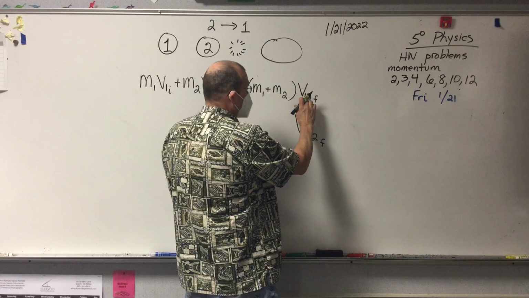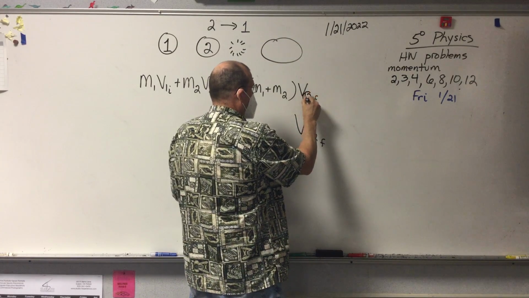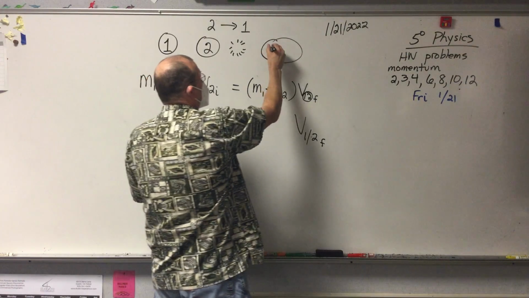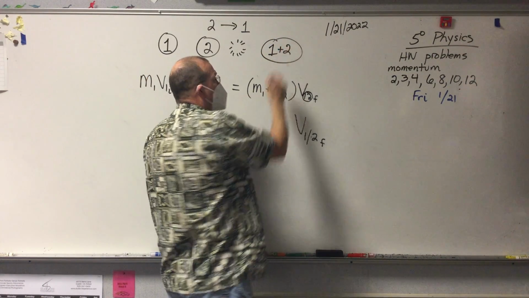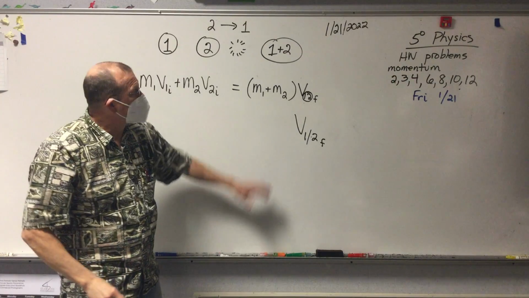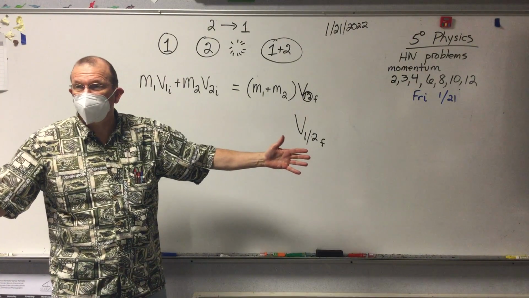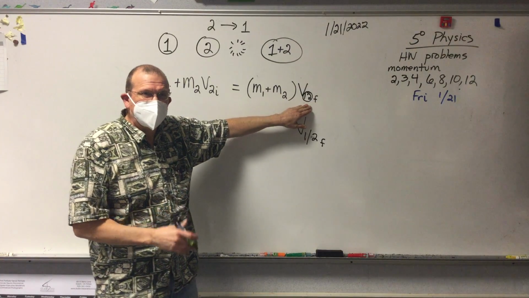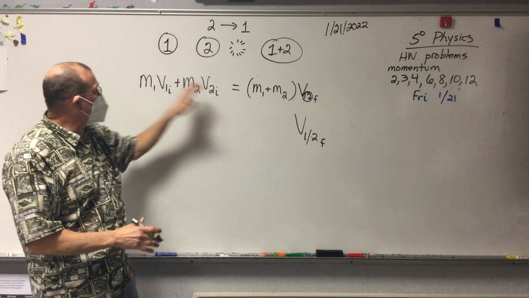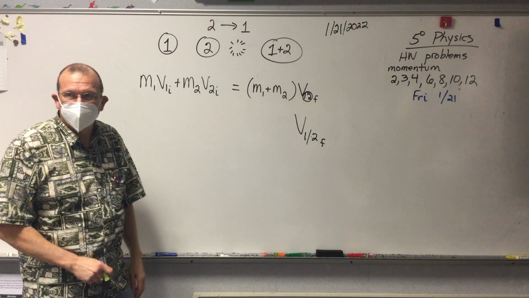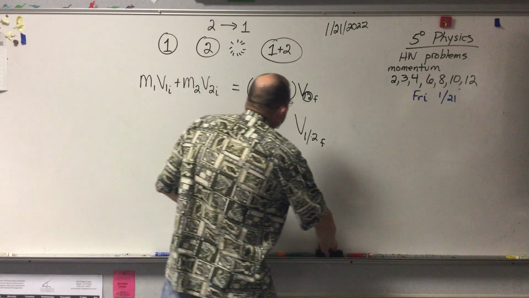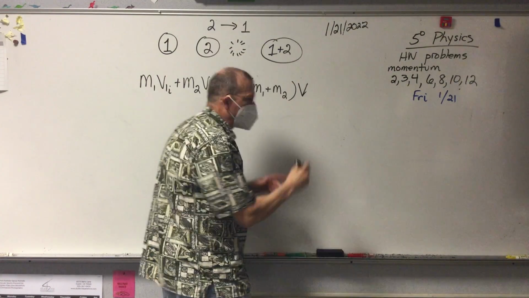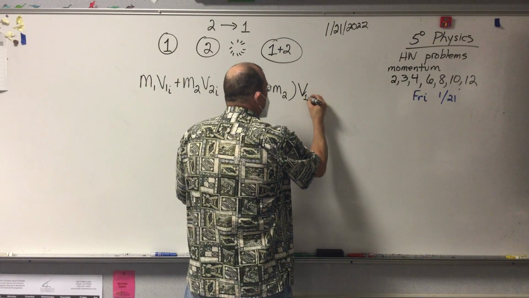You could do something like that to show they're stuck together, because we'd say this is 1 plus 2. I'm going to leave that up to you. Just remember that this velocity on the final side is a different velocity from these two over here. Now I'm going to go back and put my comma in there, since I was doing that originally.